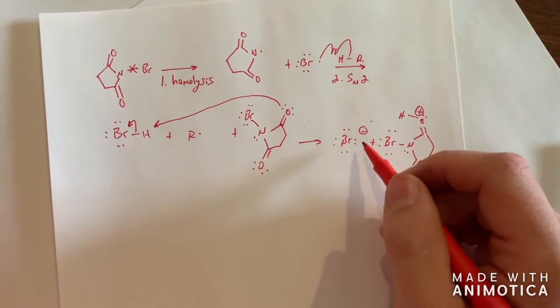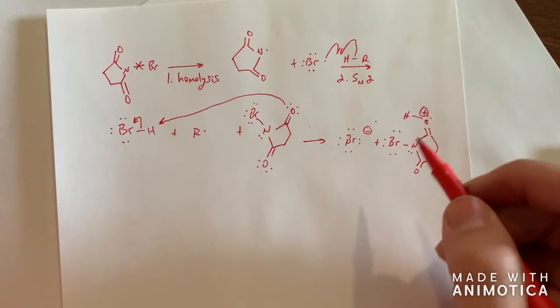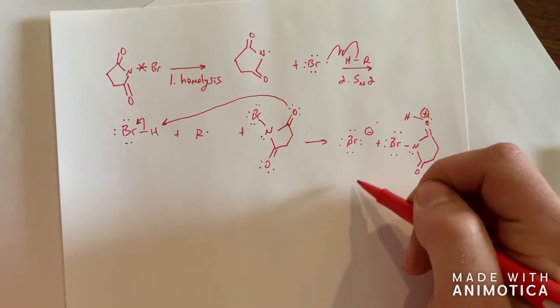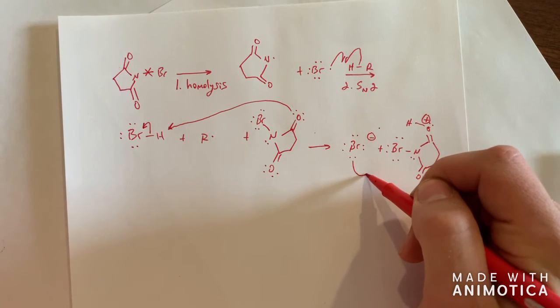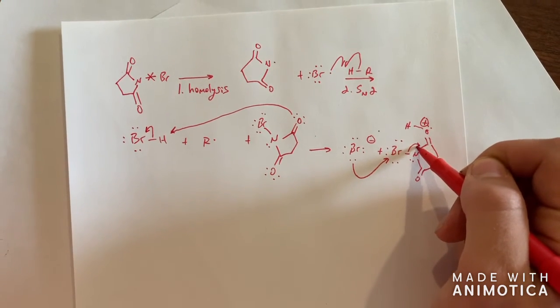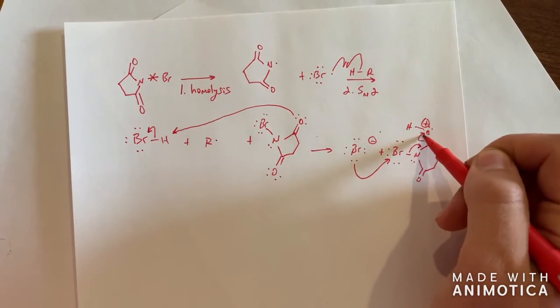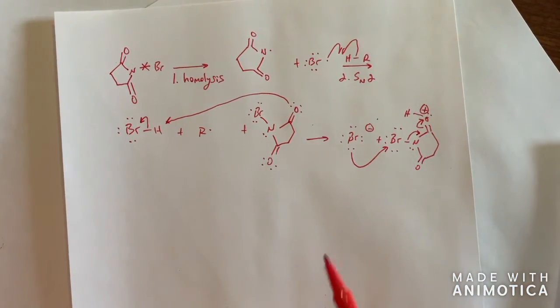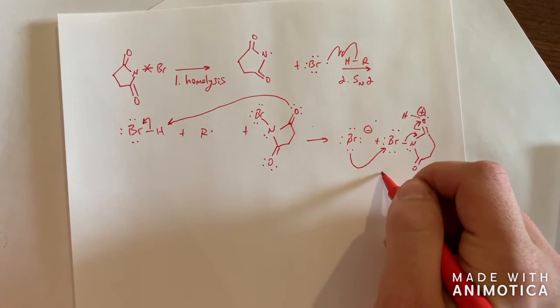This negatively charged bromine is going to be a nucleophile in this, where it's going to donate its electrons to this bromine, and this bond's going to break right here and then go all the way up to the oxygen. So I'm going to show that step.